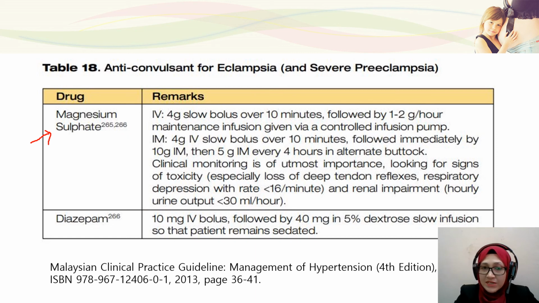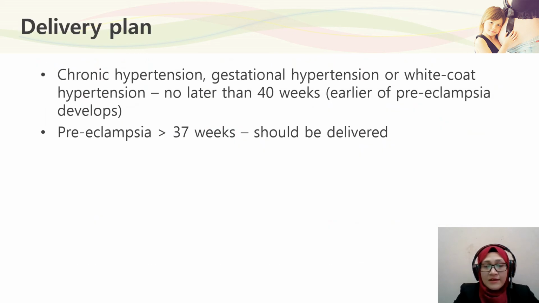And you also need to monitor very closely for signs of toxicity, respiratory depression, and the risk of renal impairment in the patient. And the delivery plan is also important. We need to know when the patient should deliver.